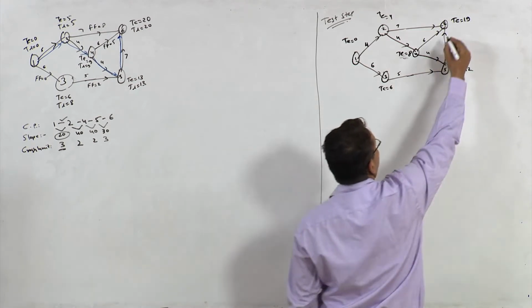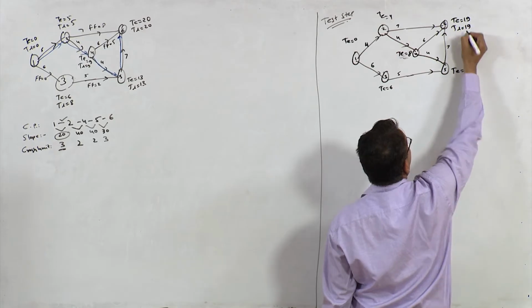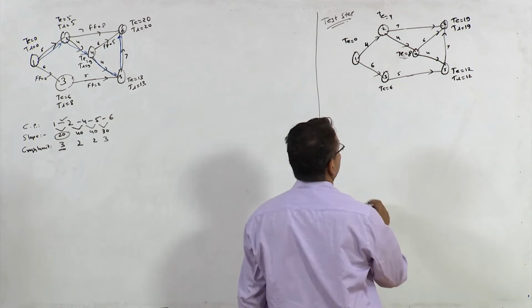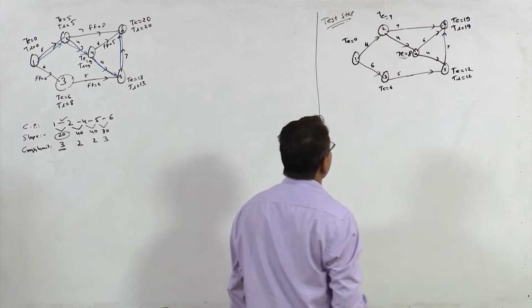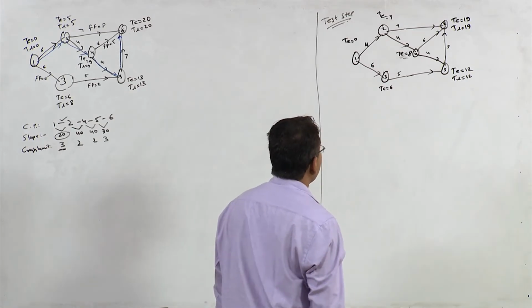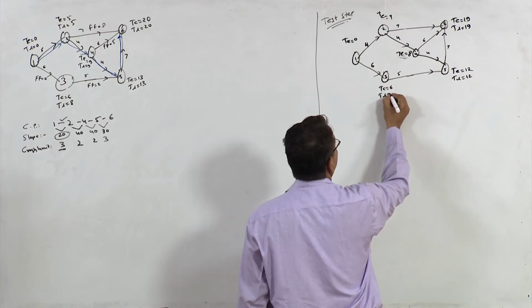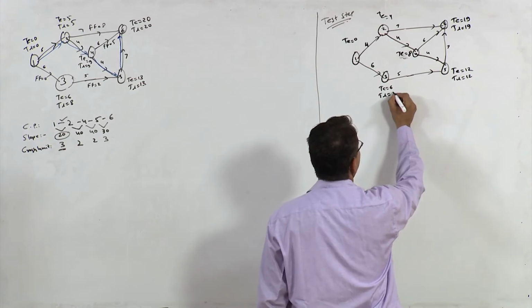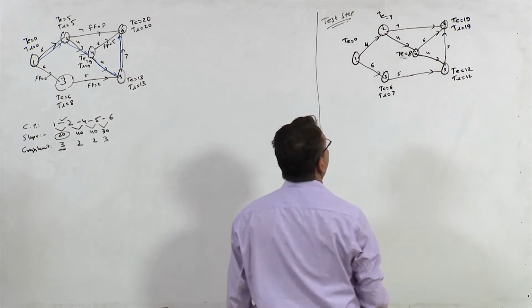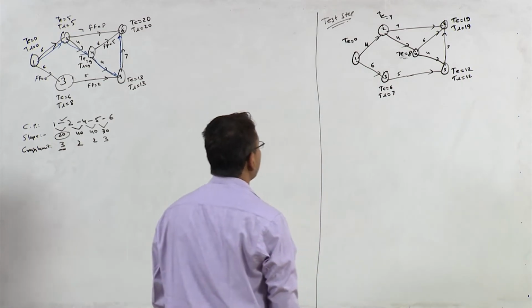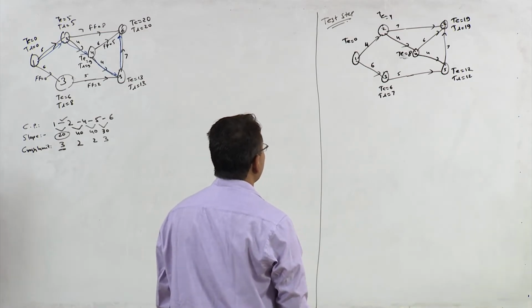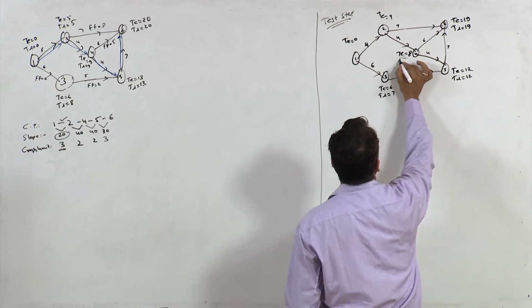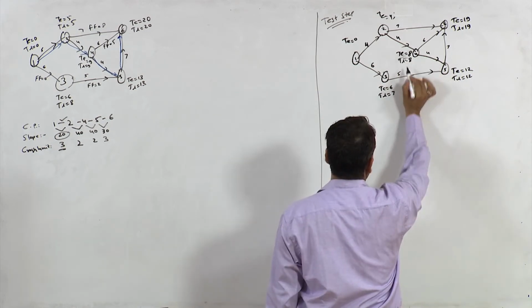Let us find out TL values. 19, 12, this is TL is now 12 minus 5, this is 7, right. So this is 7, TL at this point would be 8, right.